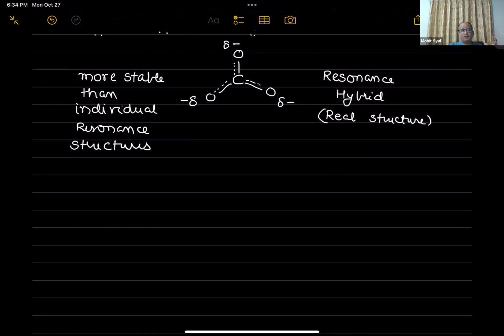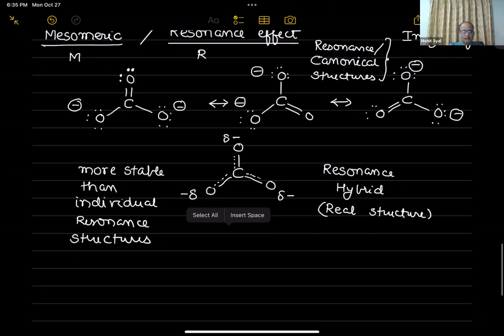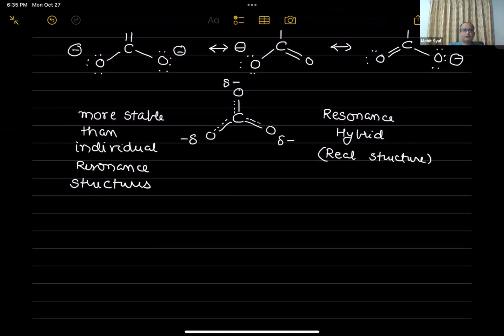Wherever molecules can be written in different forms, the actual structure is the average of all those different forms. So instead of those individual forms, only the hybrid exists, right? Got it? So let me write the resonance structure of benzene.